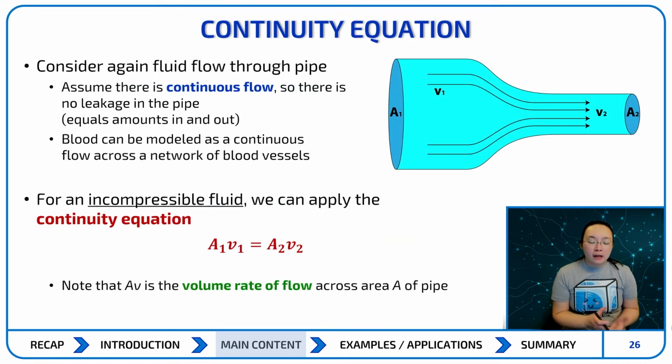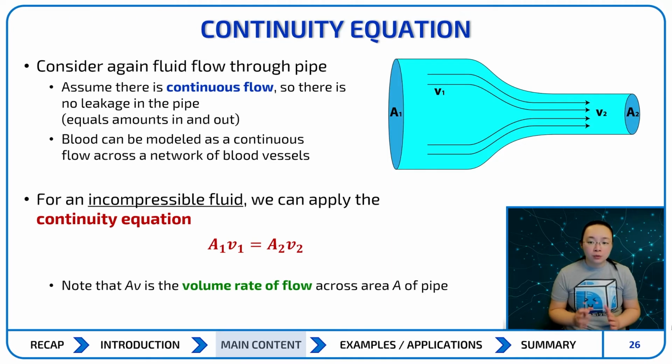Because of that velocity profile, after it enters a specific tube of a certain length and a certain cross-sectional area, we have to consider what happens when the size of the tube changes. In that case, this is where the continuity equation comes in. We're going to consider again fluid flow through a pipe. We're going to assume something called continuous flow, and that means that there's no leakage in the pipe.